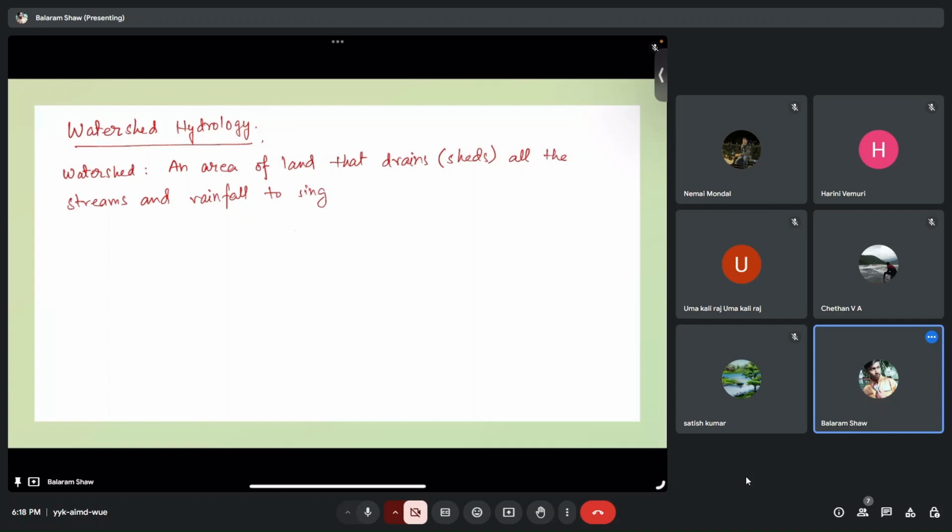Now let's say a mountain is like this, maybe. Any rainfall which is coming on this area will flow in this direction, right? And it will join one stream, and then there will be a main stream and there will be an outlet. So like that, if I draw it properly.